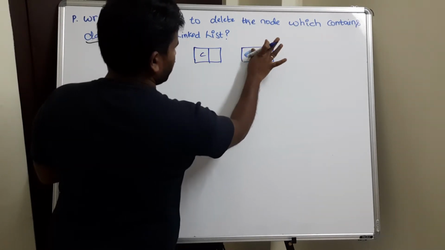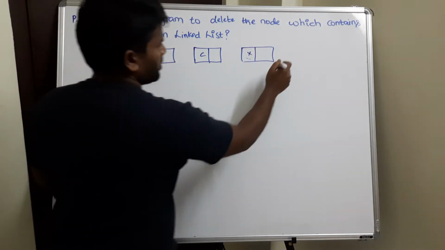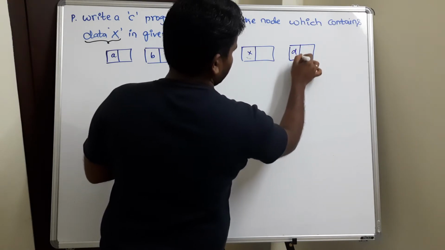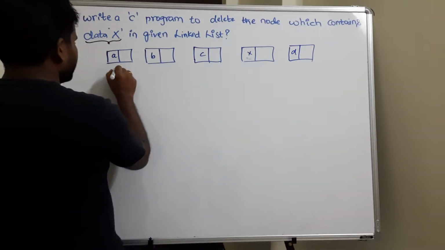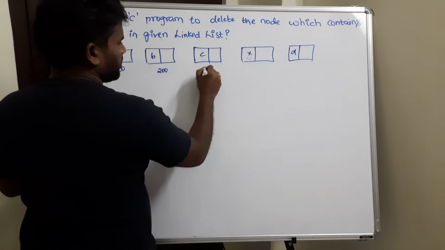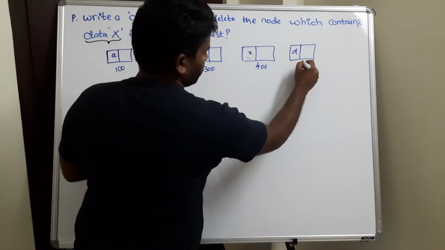For example, consider this as x, and you have some other node, that is t. The starting address is 100, 200, 300, 400 and 500.